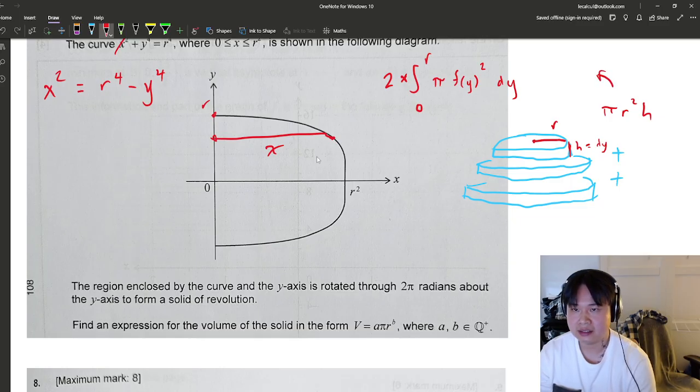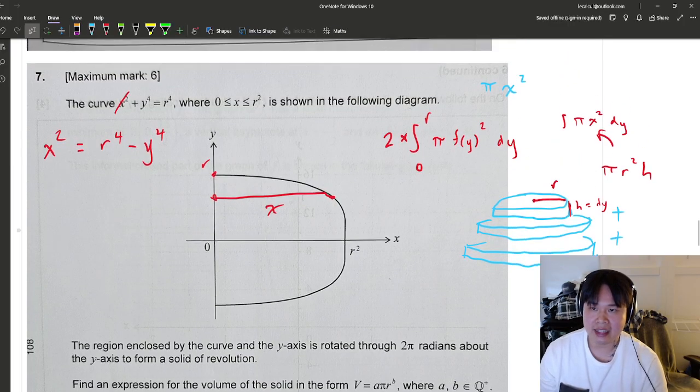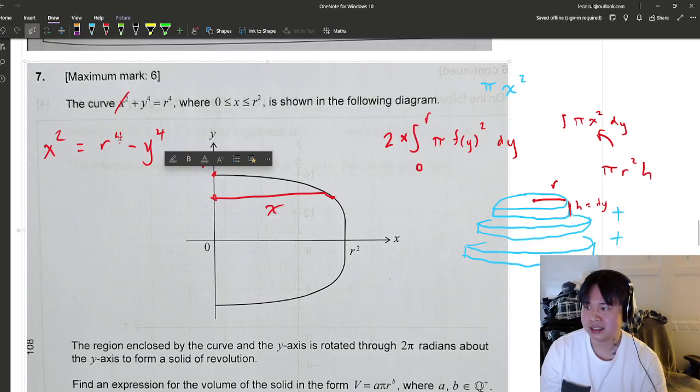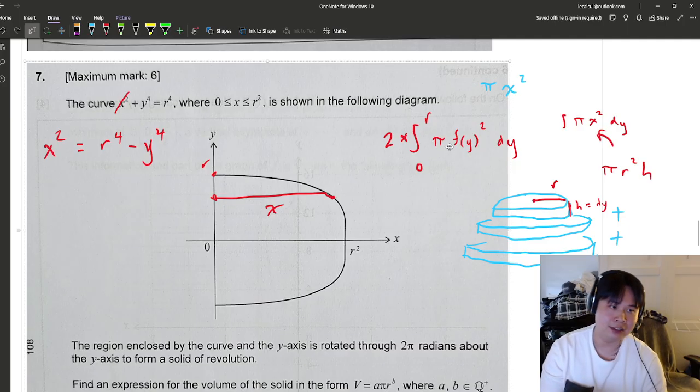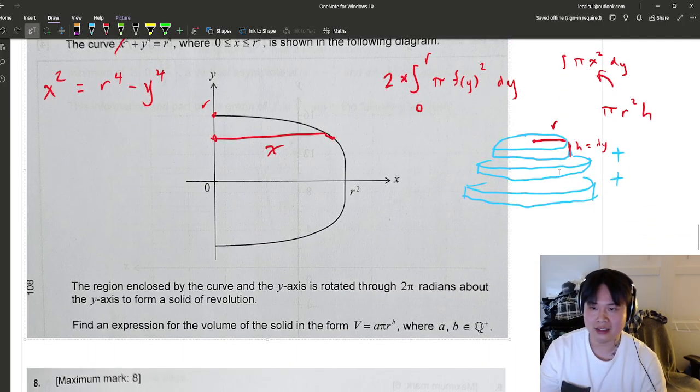So this turns into an integral of pi x squared dy. And then x squared we need to have in terms of y, which is why I solved for x squared here. So this is x squared, r to the power 4 minus y to the power 4. And then that's also where this volume of revolution formula comes from. It's literally just the formula for a cylinder.